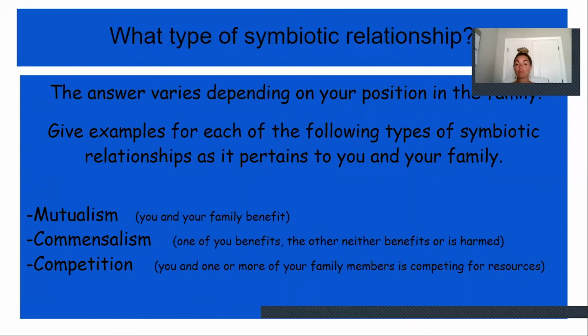Mutualism would best be like you and your family benefit. Commensalism would be one of you benefits, and the other neither benefits nor is harmed. And competition is you or one or more of your family members competing for resources. Where do you guys fit in that?